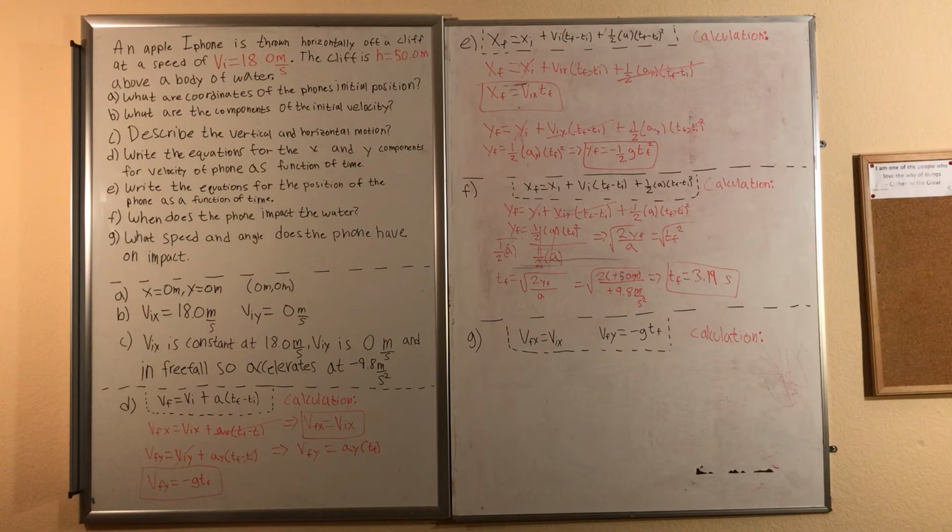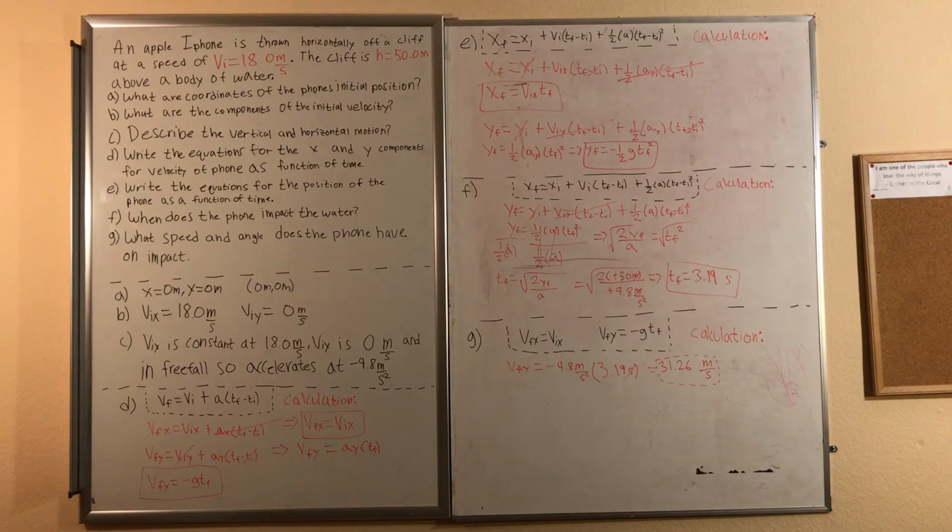Velocity for x is given, so to solve for velocity of y, plug in to get velocity final of y equals negative 9.8 meters per second squared times 3.19 seconds. Cross these seconds to get a velocity final of y equals negative 31.26. I forgot my negative sign here.